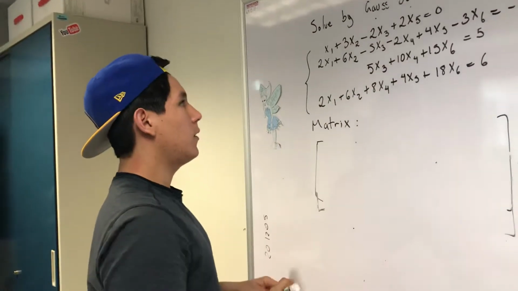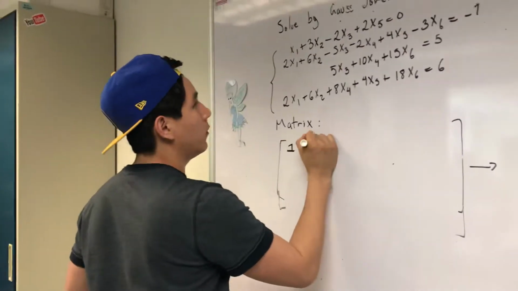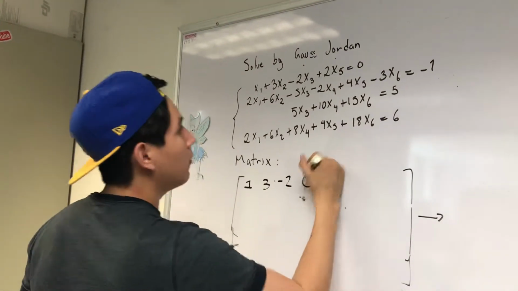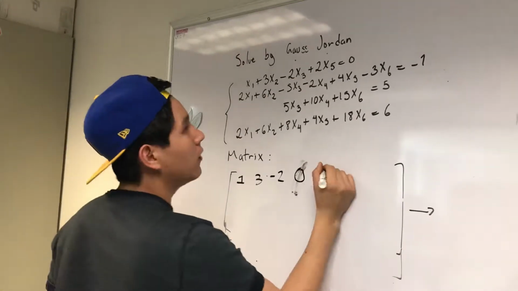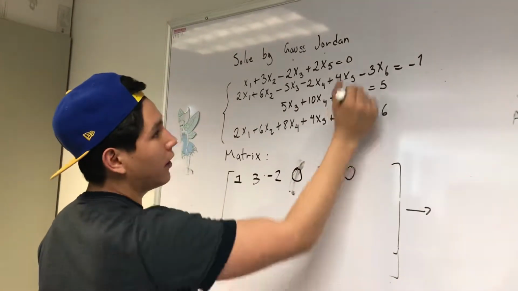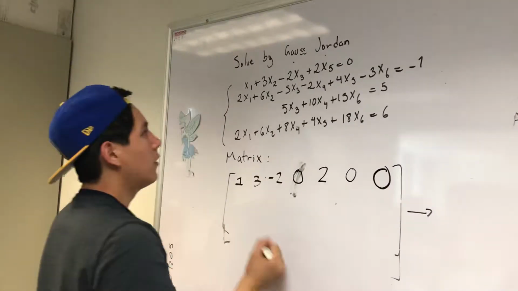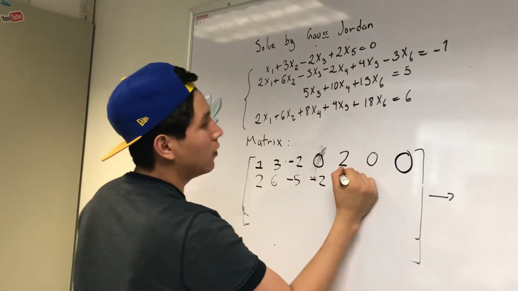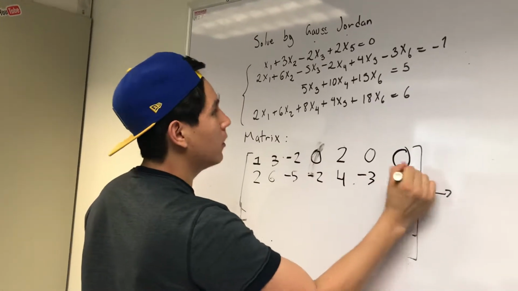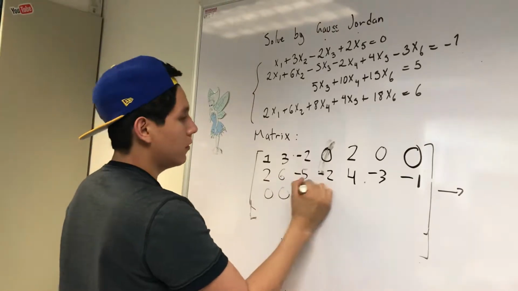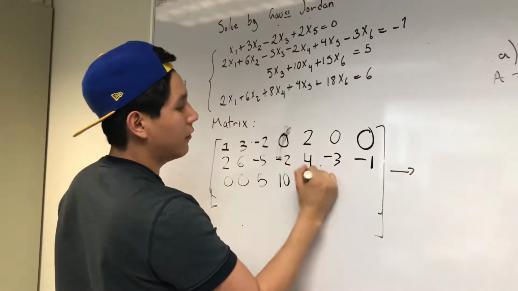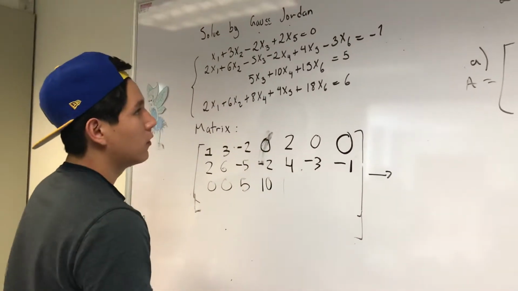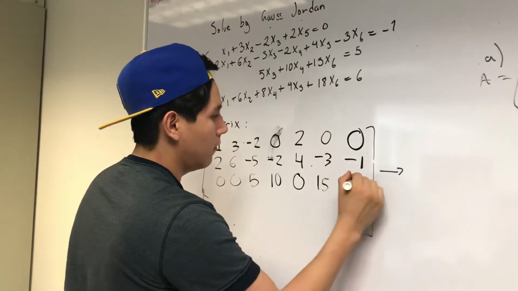So that will be 1, 3, minus 2, 2, 0 because we don't have an x4, 2, 0, we don't have an x6, and 0. Then 2, 6, minus 5, minus 2, 4, minus 3, minus 1, 0, 0, 5, 10, 15, 0, 0, 15, 5.